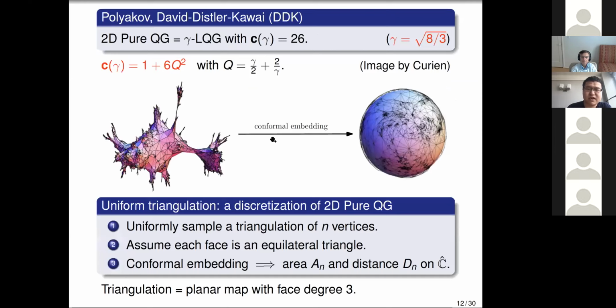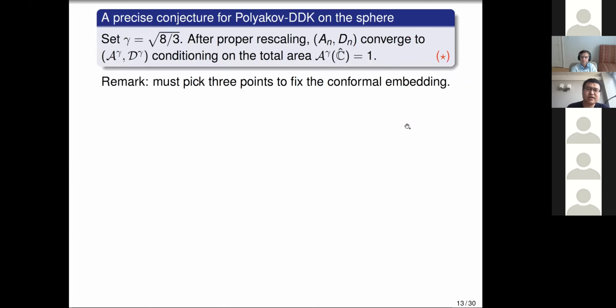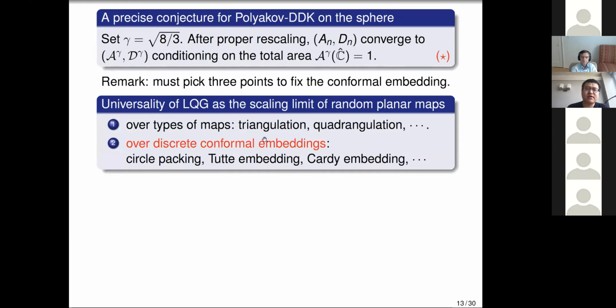In this picture, we have just used the uniformization theorem from differential geometry to embed this triangulation into the sphere. But actually, there are some other variants of conformal embeddings in the discrete, which in the continuum should also converge to this continuum conformal embedding.